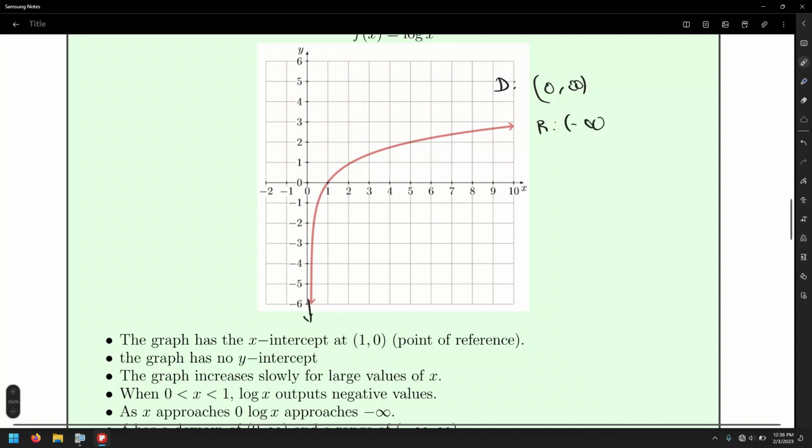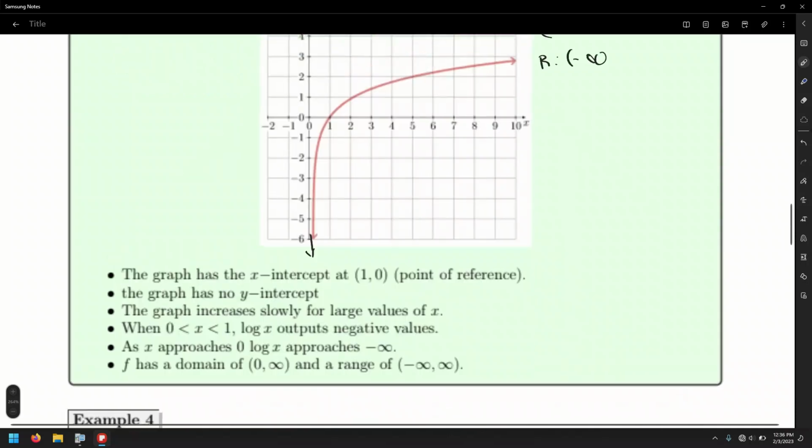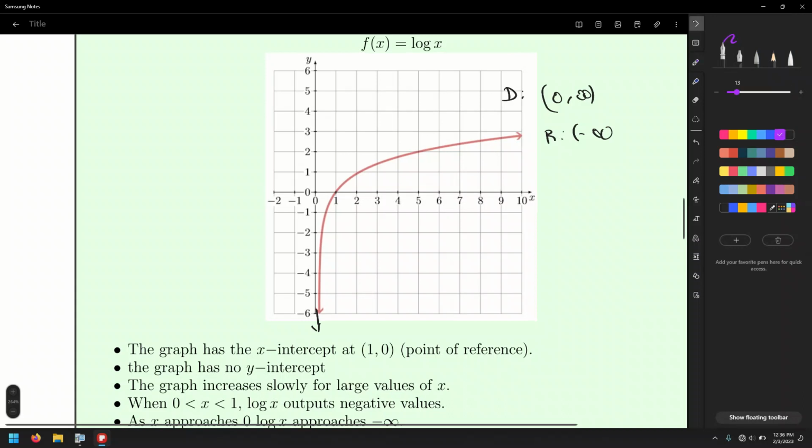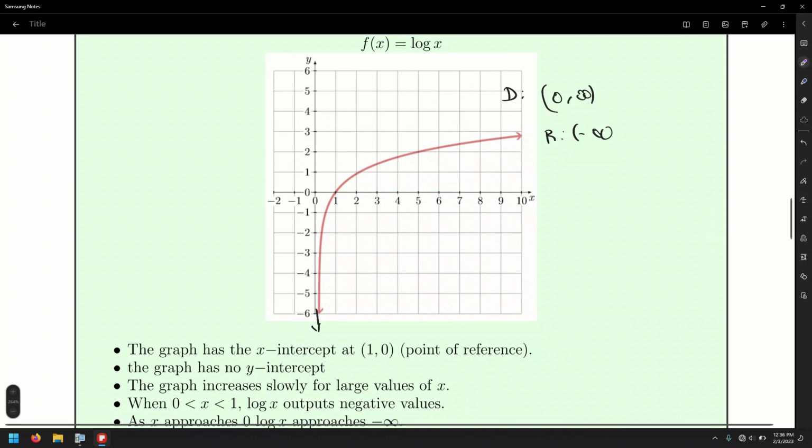Every time we see graphs, this is important when trying to find domains and ranges of functions when we are given their graphs. My advice is to always break up this arrow into essentially two components. What do I mean by that? This arrow is going right, but at the same time it's going up.